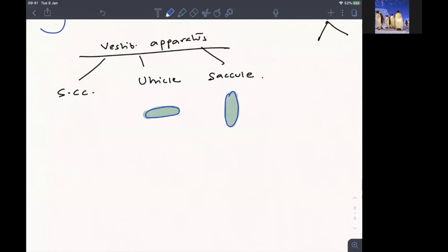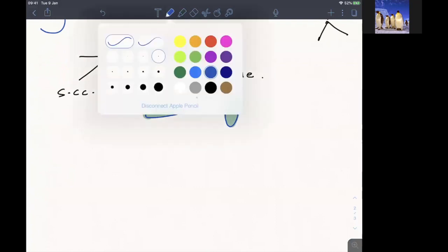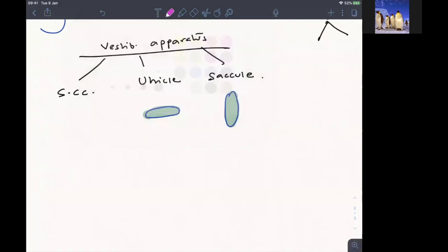And the reason that there is fluid is because inside both utricle and saccule and inside the semicircular canals also, there are these structures called hair cells. And what happens is that if there is movement, the endolymphatic fluid moves. And when the endolymphatic fluid moves, these hair cells get stimulated. And depending on the direction in which the fluid is moving, you know in which direction the body is moving.